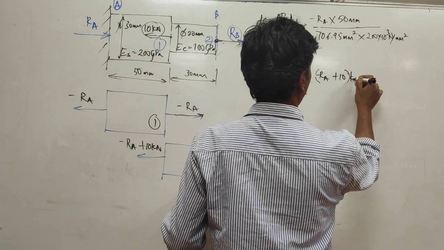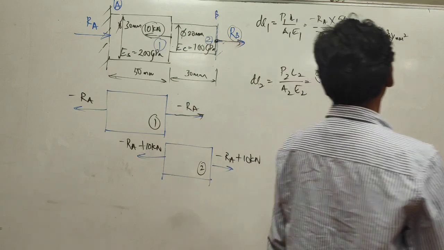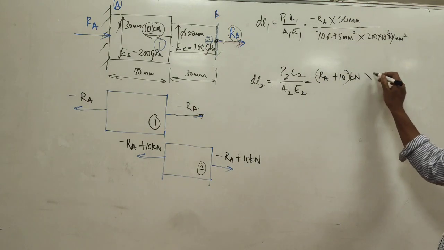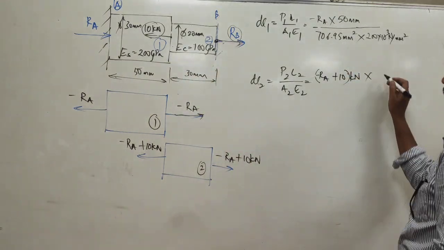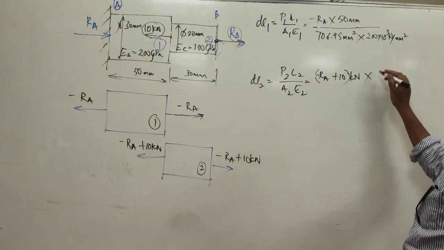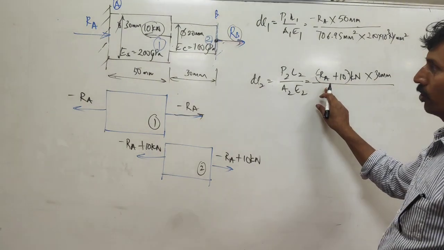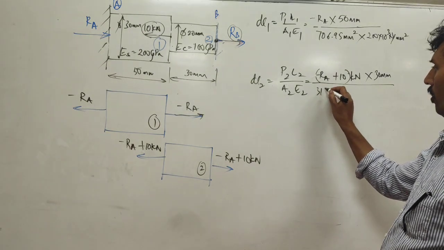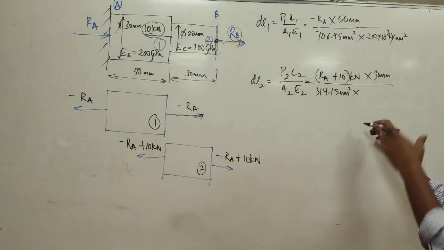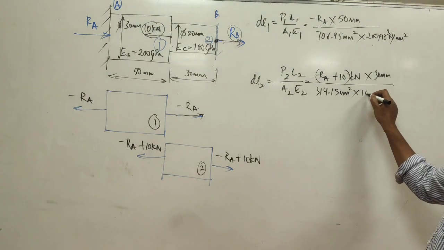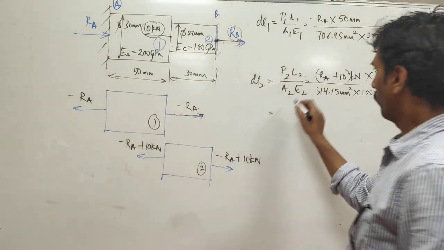You write this like this: minus RA plus 10 kilonewton into the length, which is 30 mm, divided by area 2, which is 314.15 mm square. You found that earlier. And the modulus is not 200, it is 100 into 10 to the power of 3 Newton per mm square.